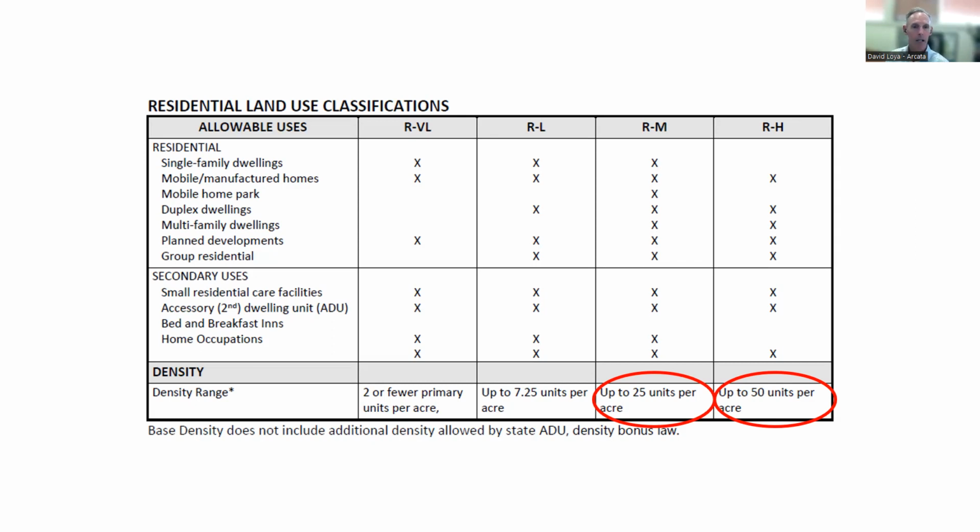Now, it's important to note that there hasn't been a whole lot of new residential high density properties being created or added to the housing stock in this general plan update. There's a fair amount of residential medium. You saw the properties on Spear and Alliance going to residential medium. So there's a fair amount of opportunity there for new sites.